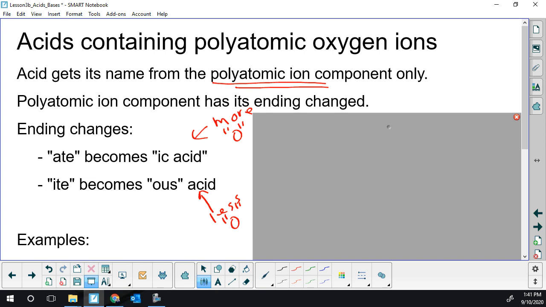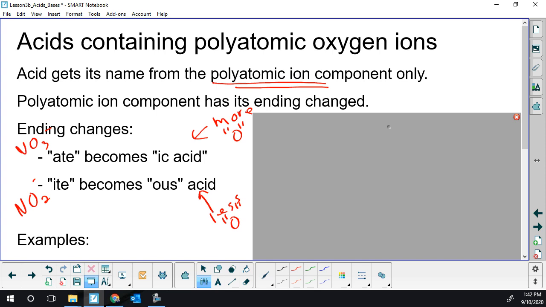So one example that's come up a little bit in our notes is NO3 minus and NO2 minus. The NO3 minus, the more oxygen, is a nitrate. So NO3 minus is nitrate, NO2 minus is nitrite. Okay? The 3, the more ate, the 2, the less ite. Okay?